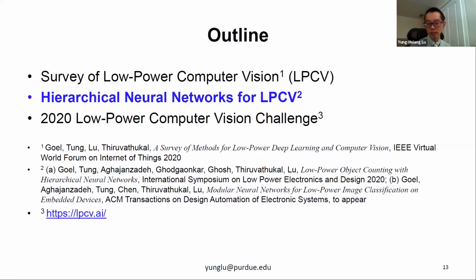Usually the metrics include the amount of memory, the time, you can say millisecond per image or millisecond per frame of a video, joule per image or joule per frame of video, and so on. There are a wide variety of metrics. One of the things we hope to do in the third part of my talk is an open competition.